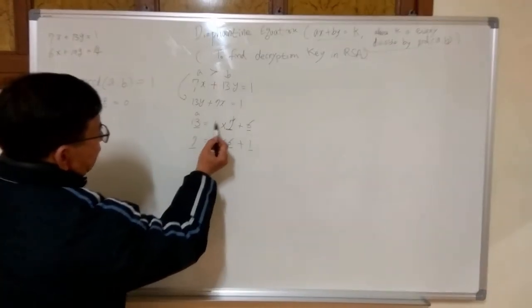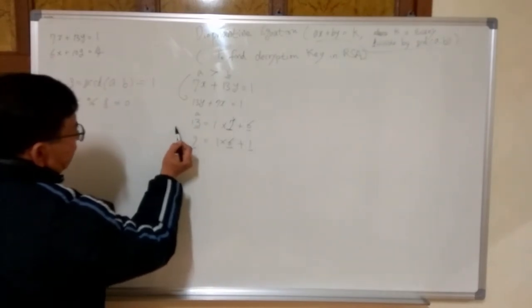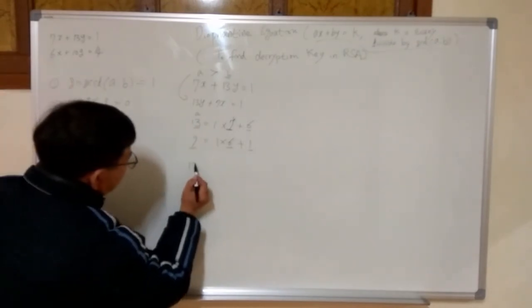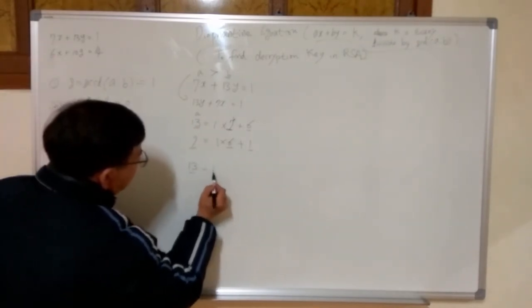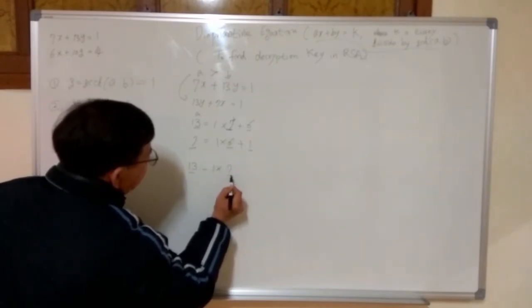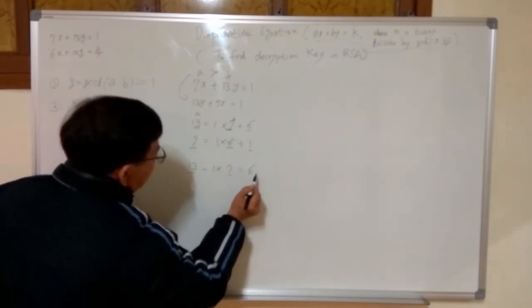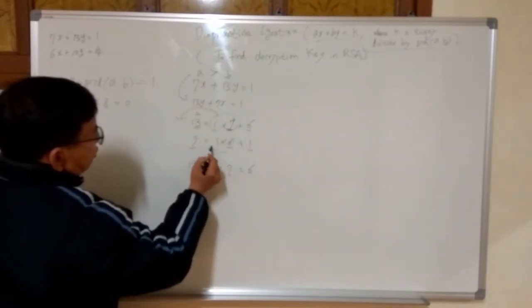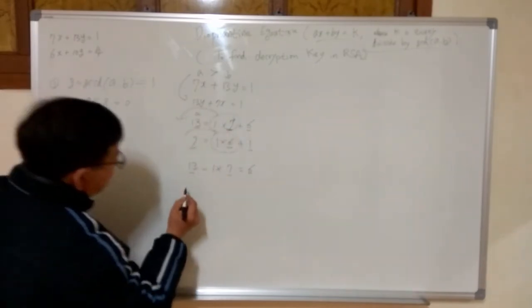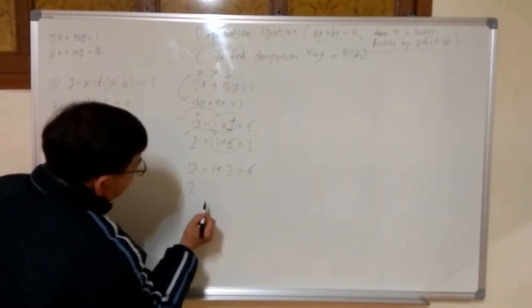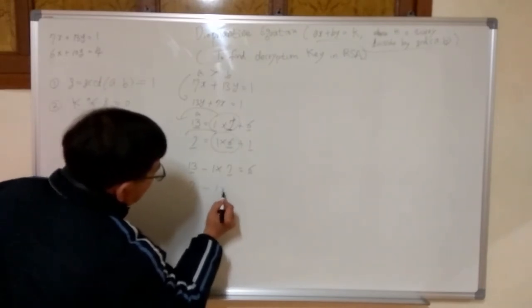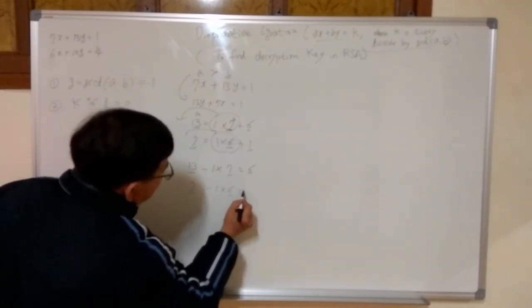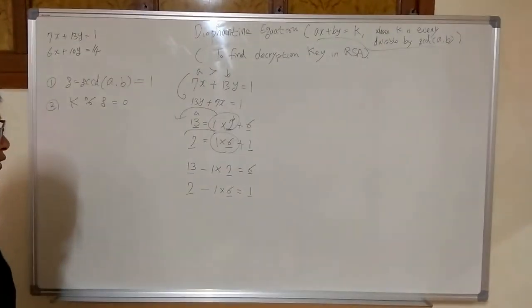We move this term to the left hand side like this: 13 bar minus 1 times 7 bar equals 6 bar. We moved this term to this side. We also move this term to this side like this: 7 bar minus 1 times 6 bar equals 1 bar.